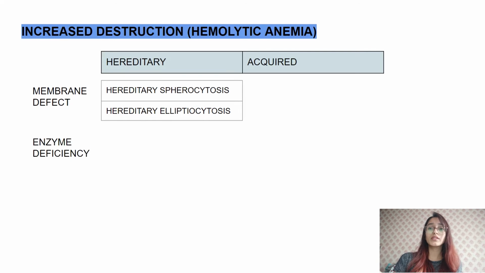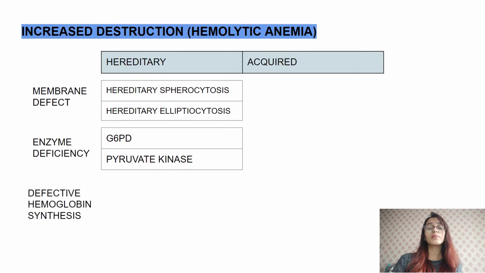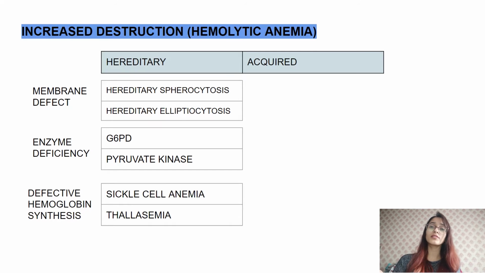Next, it could be some enzyme deficiency like G6PD or pyruvate kinase or other enzymes, or it can be due to defective hemoglobin synthesis. The perfect examples are sickle cell anemia or thalassemia. All these are conditions of hereditary hemolytic anemia.